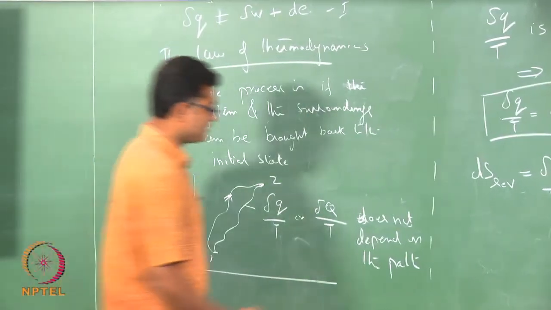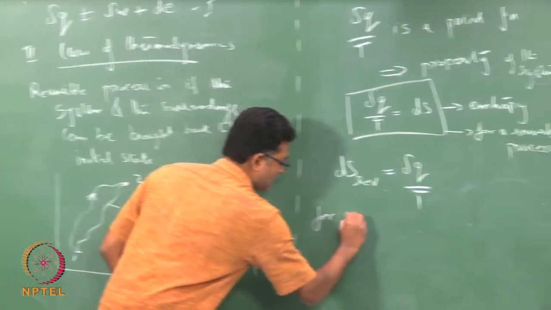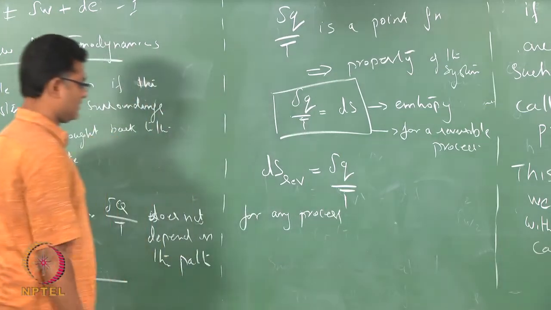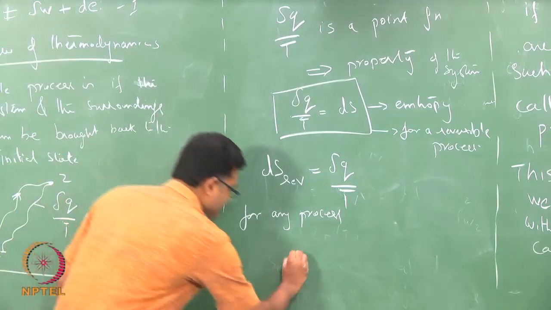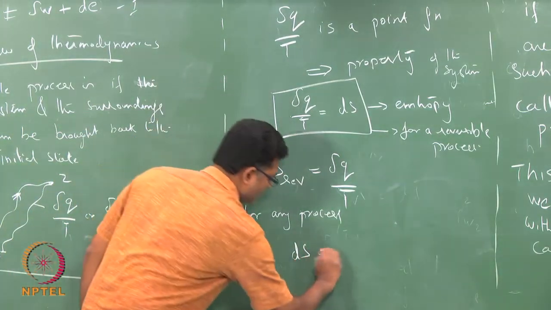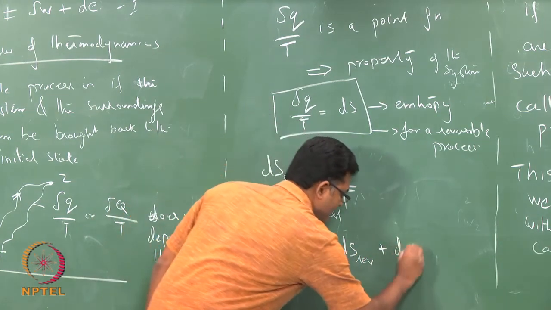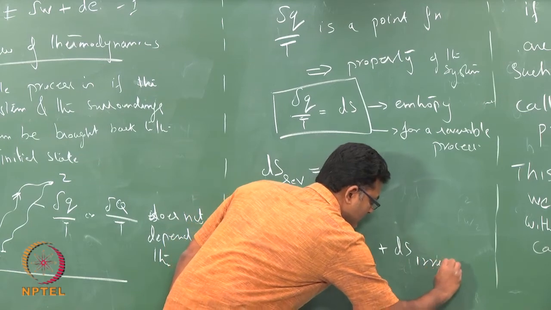So for any process, your change in entropy is dS reversible plus dS irreversible.